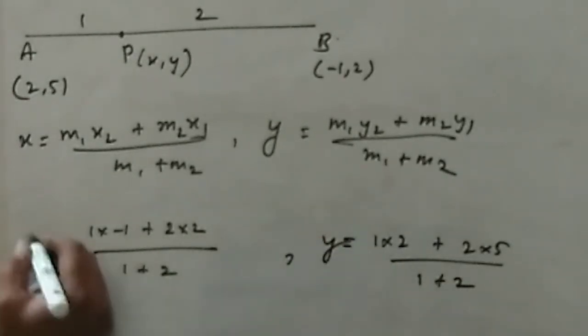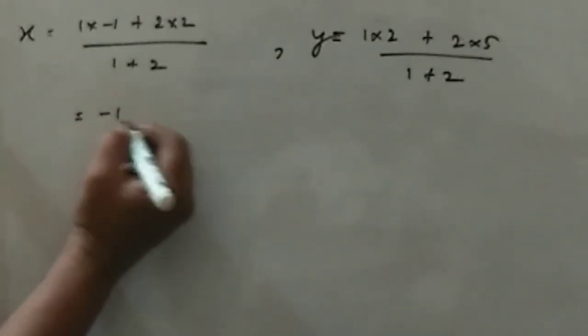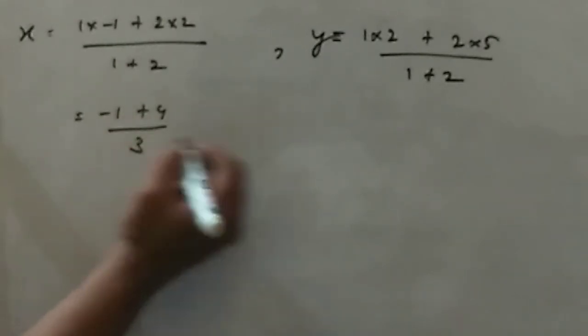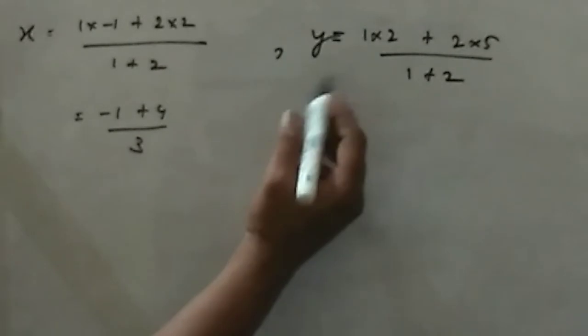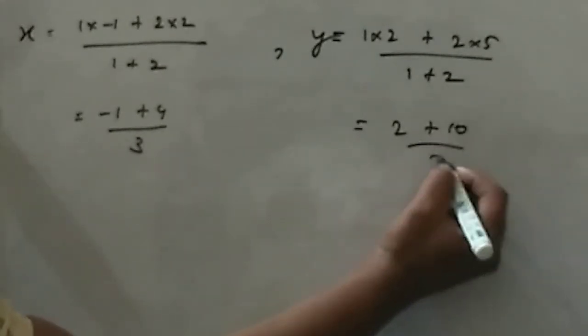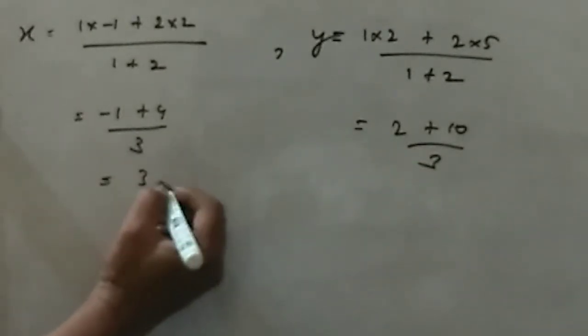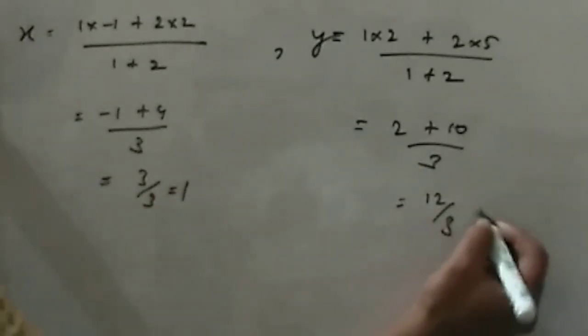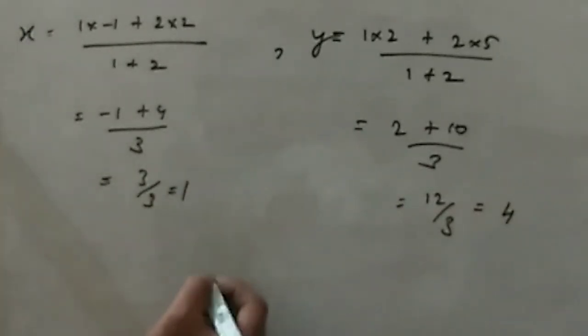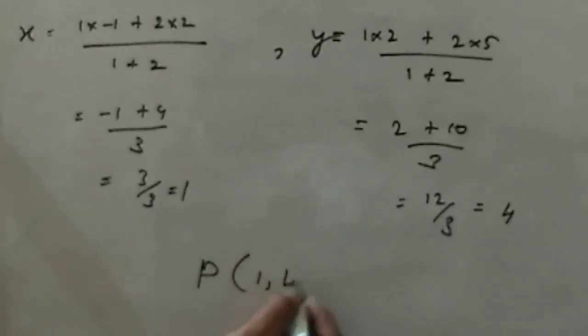So, you will get (-1 plus 4) upon 3 and here you will get (2 plus 10) upon 3. That is 3 upon 3 is equal to 1. Here 12 upon 3 is equal to 4. So P is (1, 4). Okay, the coordinates of the point P.